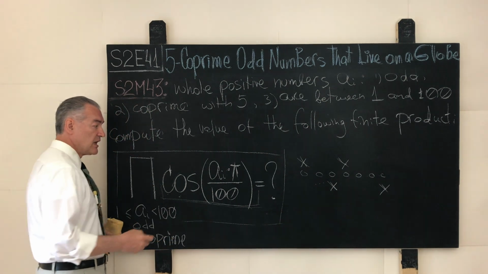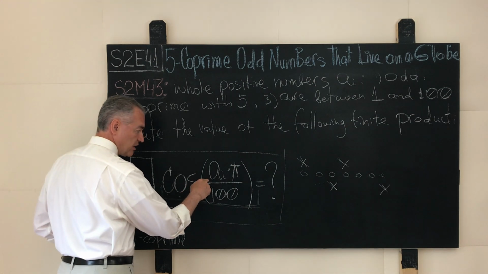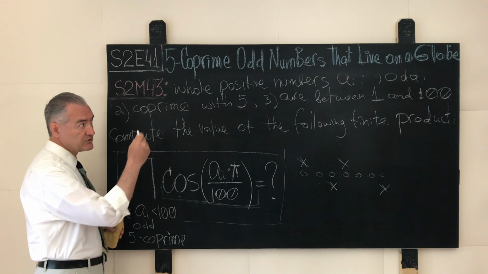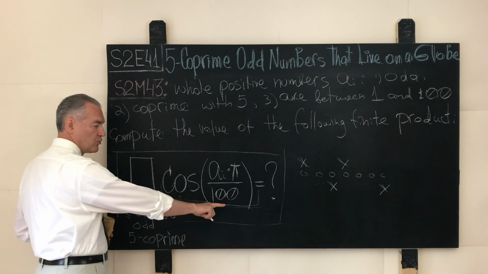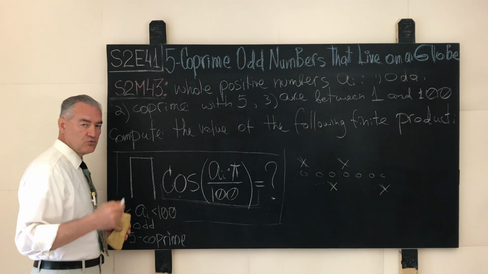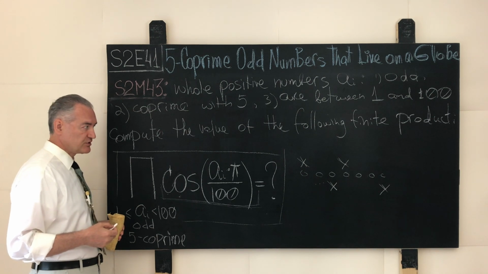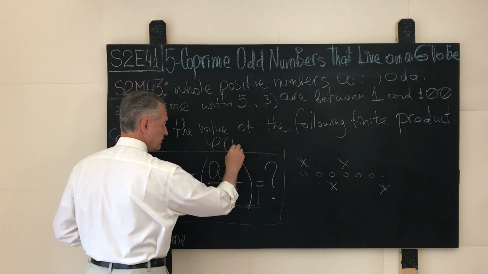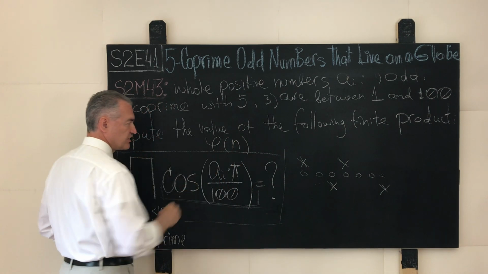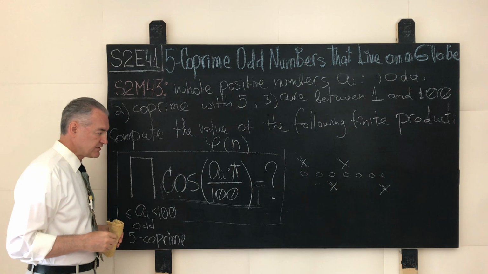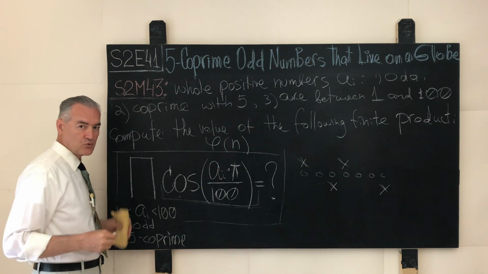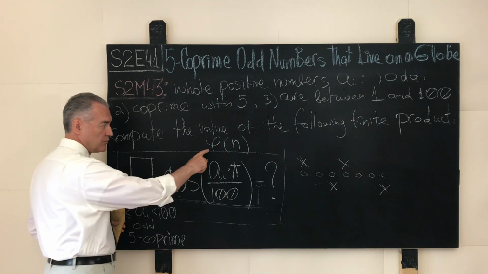And that means what? That means that the numbers AI are precisely all the whole positive numbers in a given range that are coprime with 100, and which popular mathematical function returns that value. Exactly, the Euler's totient function returns precisely the number of whole positive numbers coprime with n, and it is always possible to mechanically look up that number.